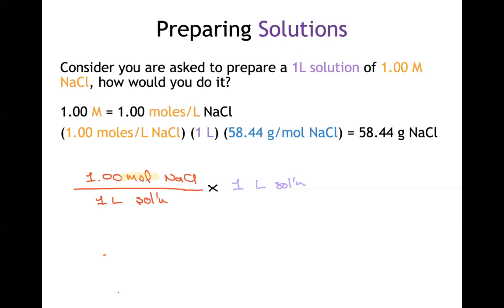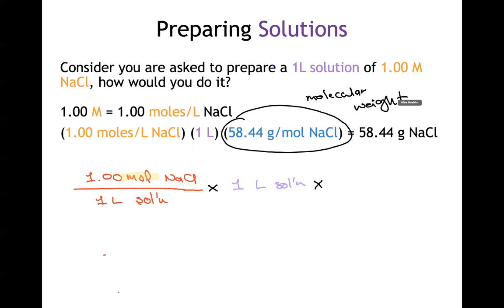Anytime you need to convert between grams and moles or moles and grams, remember the molecular weight gives you the grams per mole, right? So we could multiply that by 58.44. That is the molecular weight of sodium chloride.